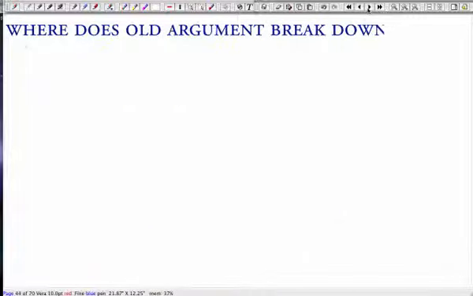First step, where does our old argument break down? Why can't we use Dijkstra's algorithm when edge weights are negative? I refer you to this slide right here.